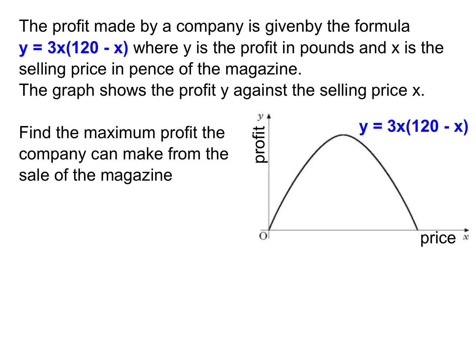Okay, so my first example is one part to it. They've given us the equation here which illustrates the profit made by a company. Y stands for the profit in pounds and x is the selling price in pence of the magazine. So to think about what's going on, why is the picture looking like a quadratic? If you keep your magazine really cheap, you're not going to make huge amounts of profit.